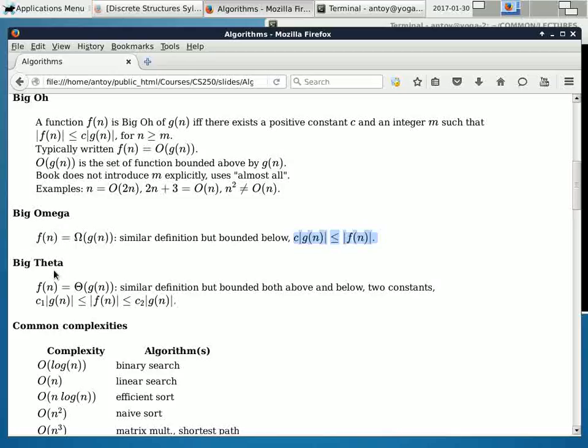So the difference is really a constant factor. Are you with me? And so I would guess that this is new for most people here, right? And so don't be scared.